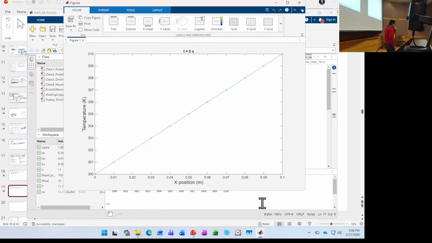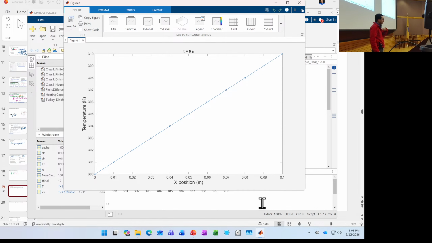And in this case, you see the gradient is 1 Kelvin per step in x position. And we're going to let this system run from these initial conditions.